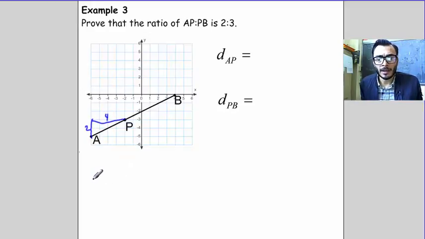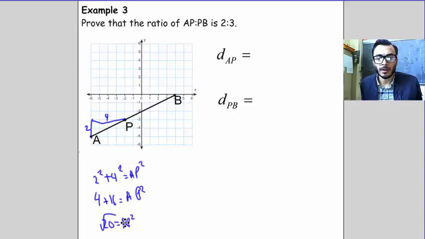So then to find AP, it's going to be 2 squared plus 4 squared equals the hypotenuse squared. So then that's 4 plus 16 equals the hypotenuse squared. That's 20 equals the hypotenuse squared. So then AP is rad 20, and we can just leave it like that. So AP is rad 20.